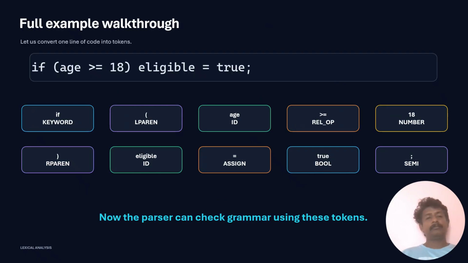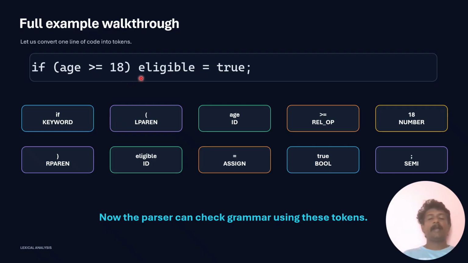And now let us convert this full line into tokens. Here, first, if is a keyword, right? Left bracket is a separator. Age is an identifier. Very good. Then greater than or equal is a relational operator. 18 is a number.